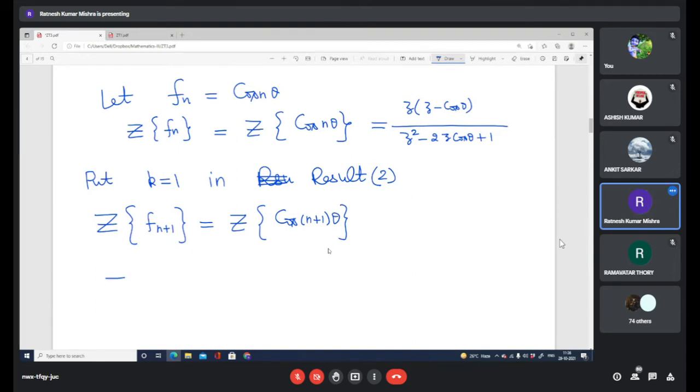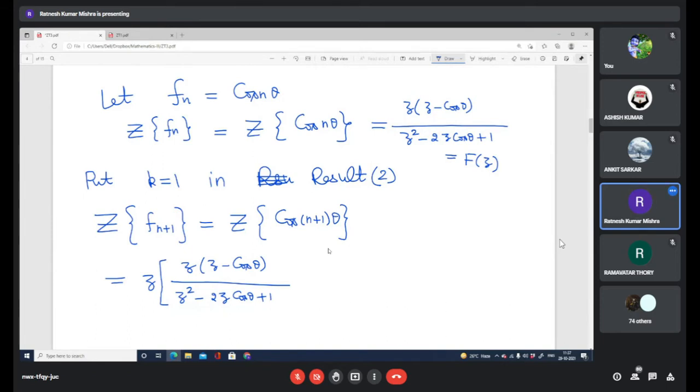z to the power k, that is z to the power 1, times F(z). So here write F(z): F(z) is z minus cos theta divided by z square minus 2z cos theta plus 1.